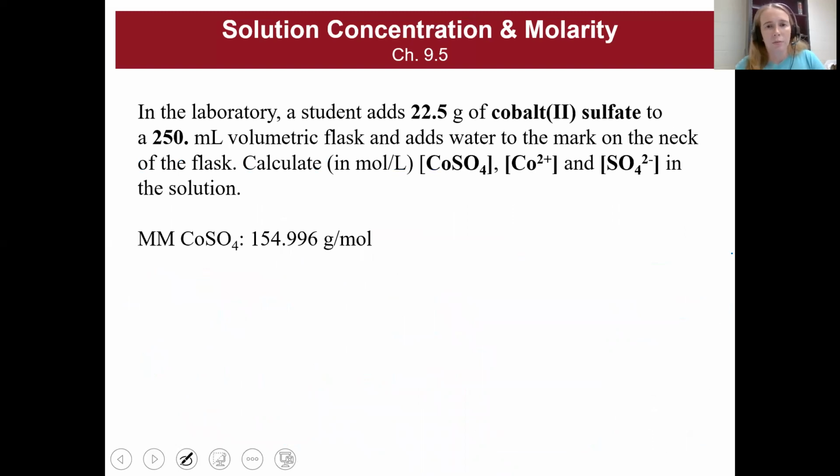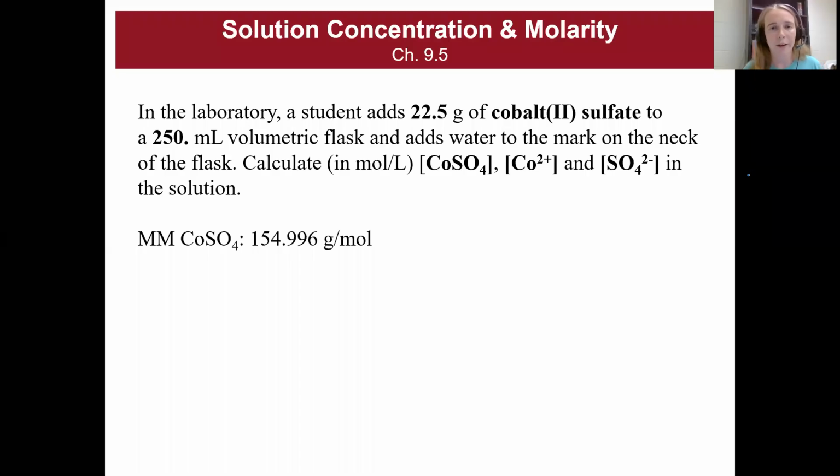So, final problem here. You guys can pause and take the time to solve it yourself, but I'm just going to do it real quick. This combines pretty much everything in this section other than pH, in a nice little problem to sum up everything.